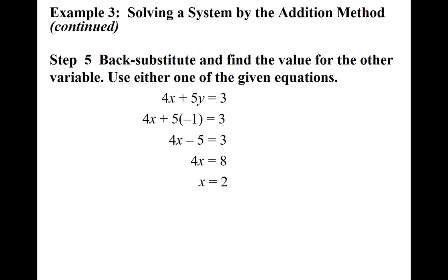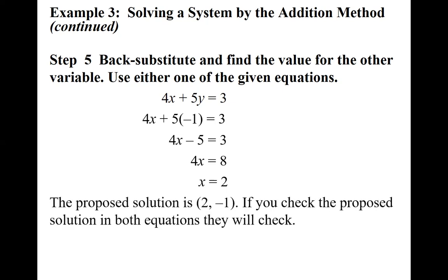Divide both sides by 4 to get x equals 2. Our proposed solution, therefore, is (2, -1). And if you check, you will be able to bump that up from proposed solution to confirmed solution. The solution set is just the point (2, -1). X is 2, y is -1.